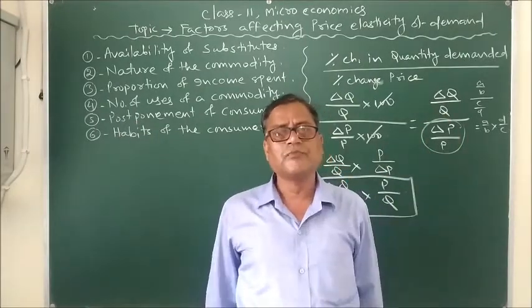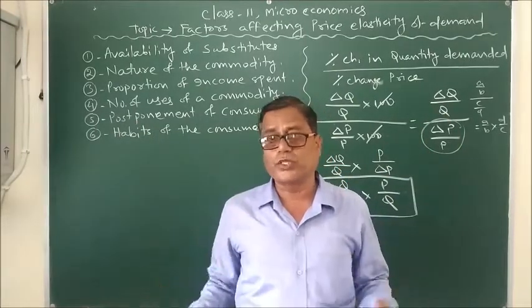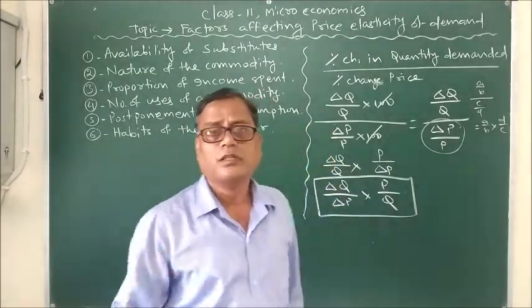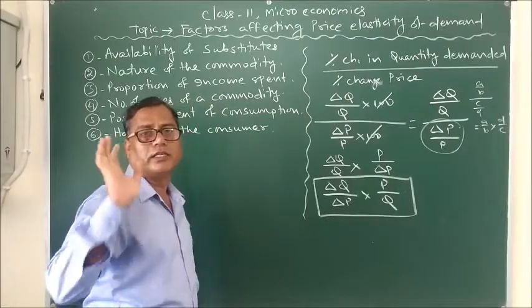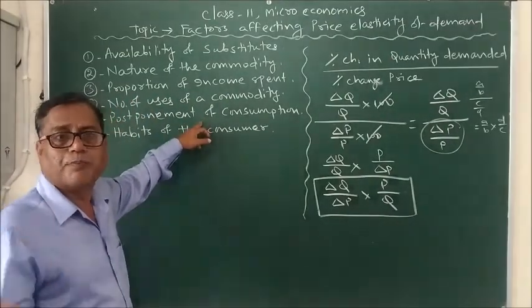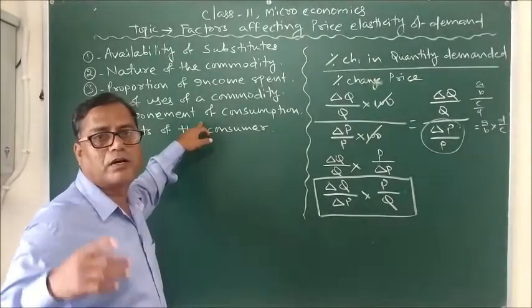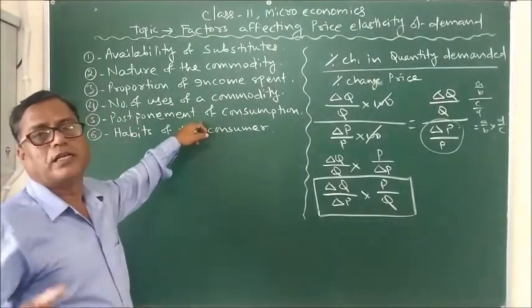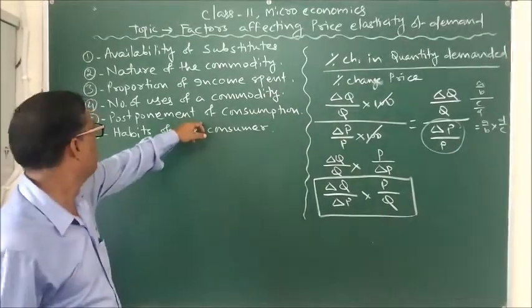On the other hand, if the consumption cannot be postponed and we have to consume right now, then it would have a lower degree of elasticity of demand. Thus, to conclude, if consumption can be postponed, elasticity of demand would be high, and if consumption cannot be postponed, then elasticity of demand would be very low.